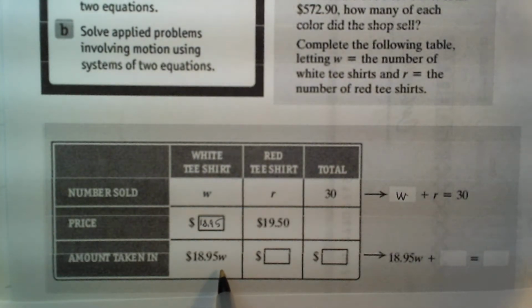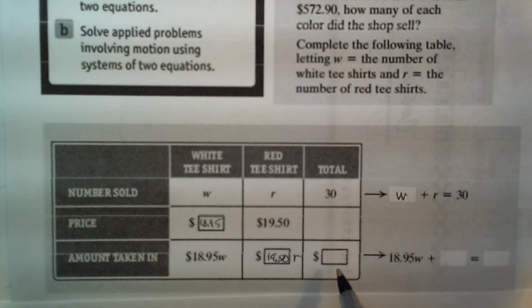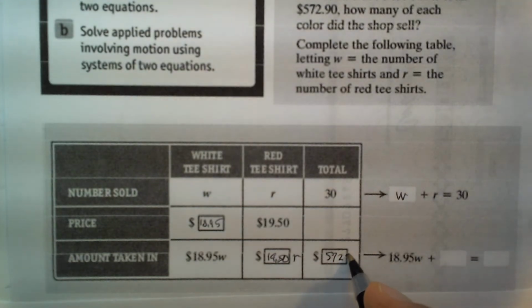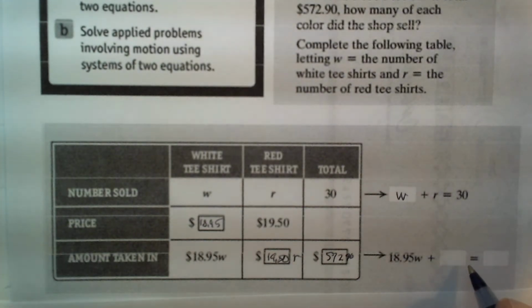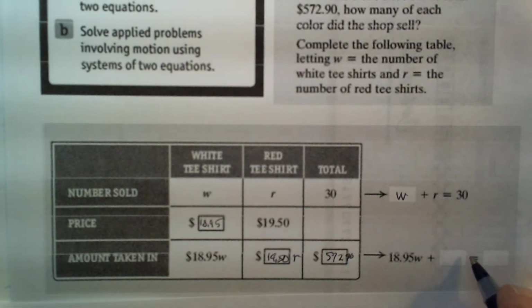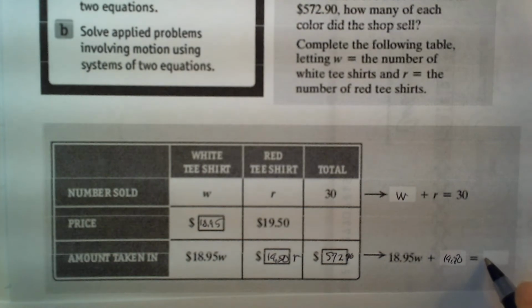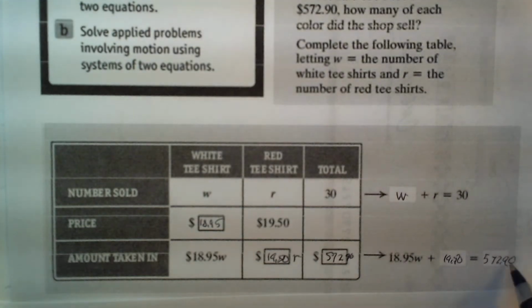And then the second equation would be $18.95 times W, the number of white T-shirts, plus $19.50 times R, the red T-shirts, and all this equals $572.90.